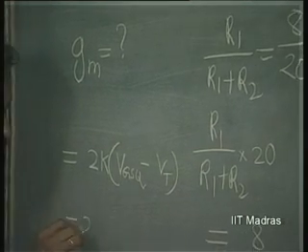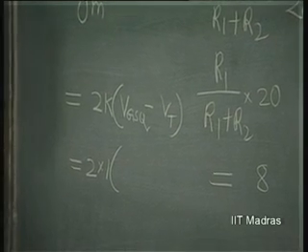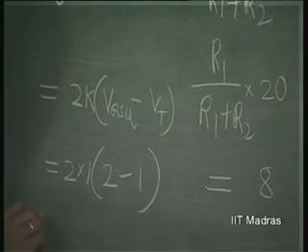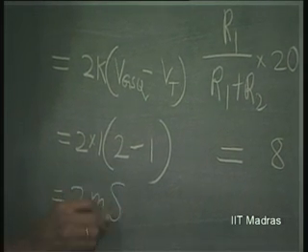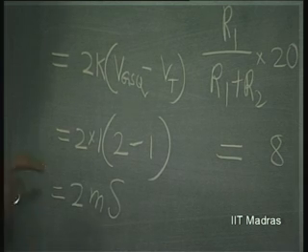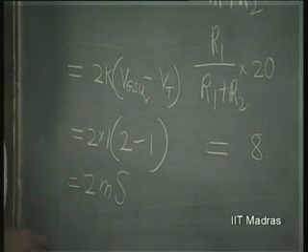So this is 2 into K is 1, VGSQ is 2, VT is 1. So this is equal to 2 millisiemens. At the operating point, the gm of the FET is 2 millisiemens.